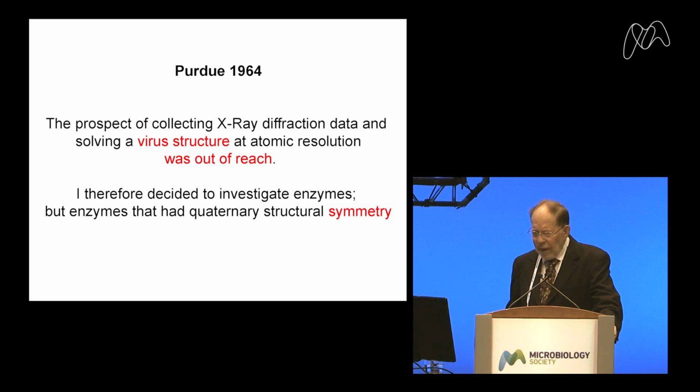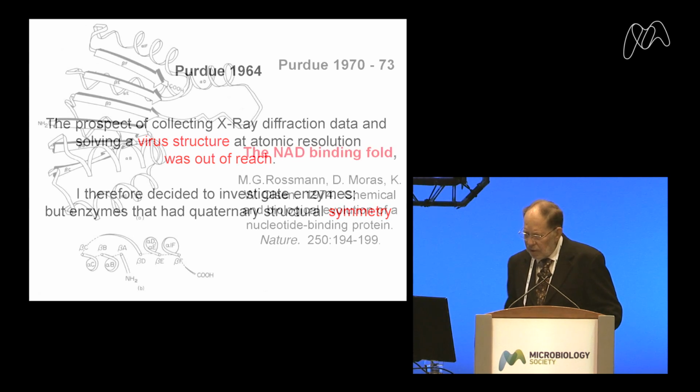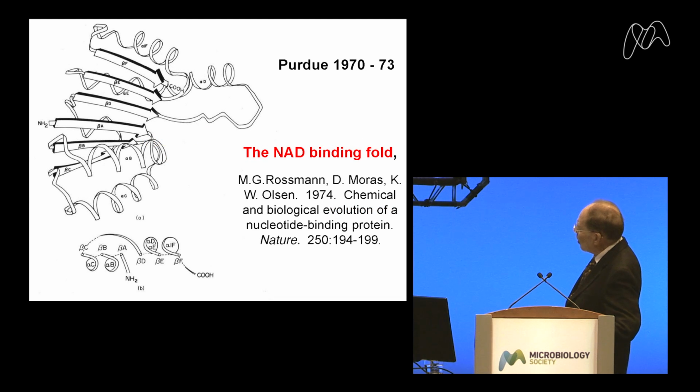So I decided to work on proteins or enzymes which would have some kind of symmetry, similar to what would be in a virus. And that led to this nucleotide binding structure, which Neil mentioned in the introduction: six parallel beta strands, with the nucleotide binding at the carboxy end of the sheets.